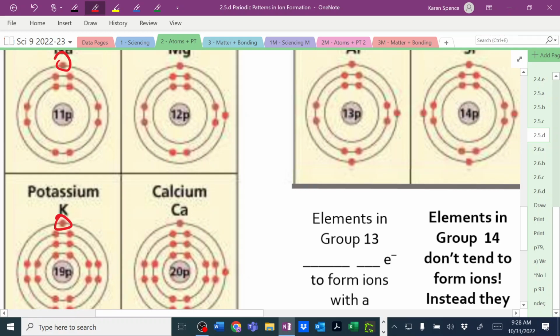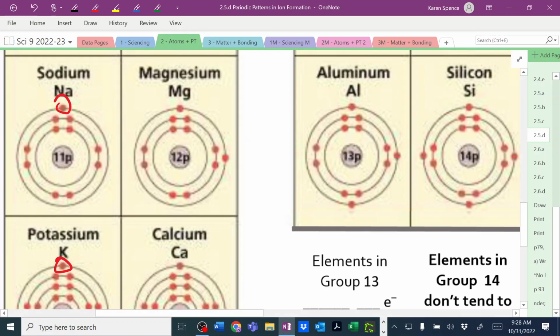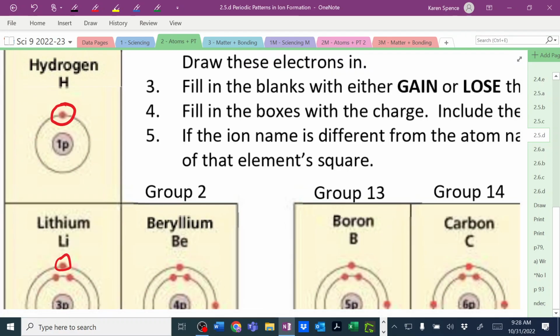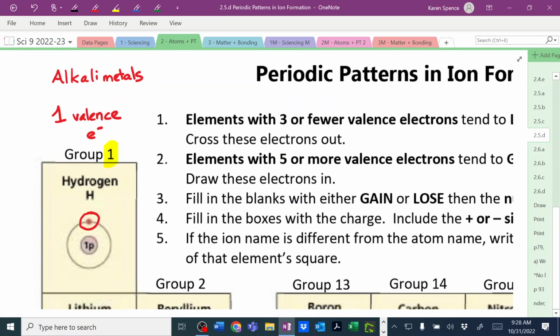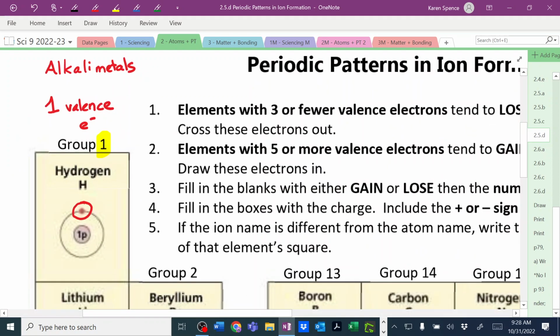What is the name of group 1? Tell your partner. Those are the alkali metals. So what are our alkali metals going to do when they form an ion? Are they going to gain electrons or lose electrons? They're all going to lose electrons. How many?